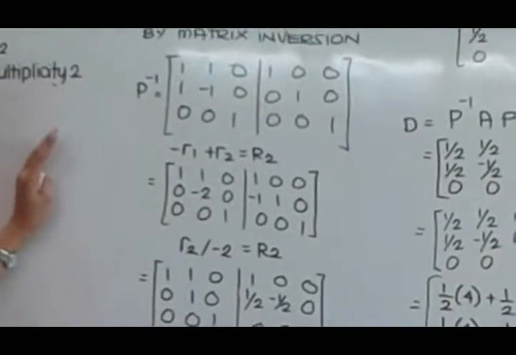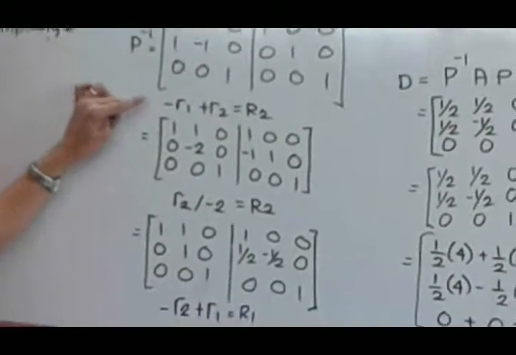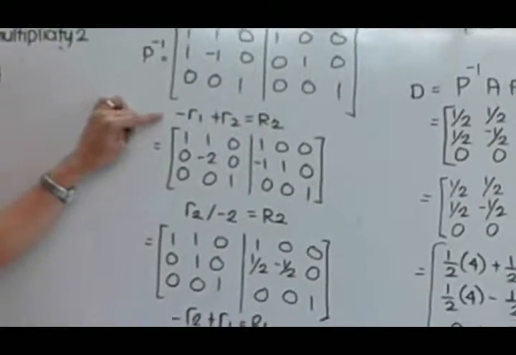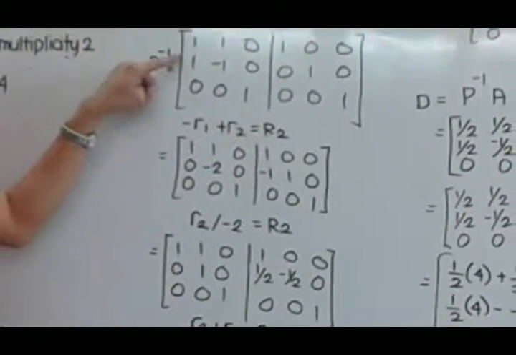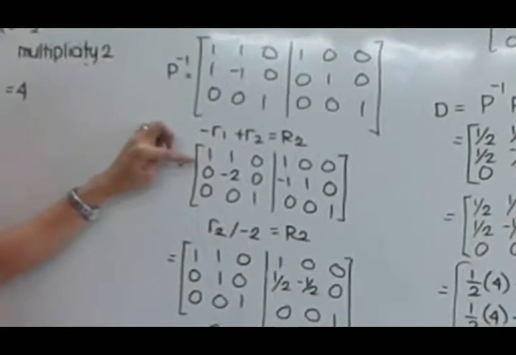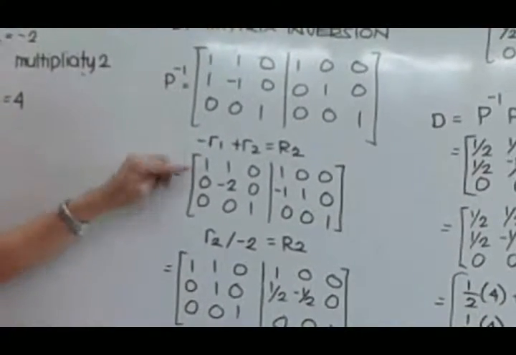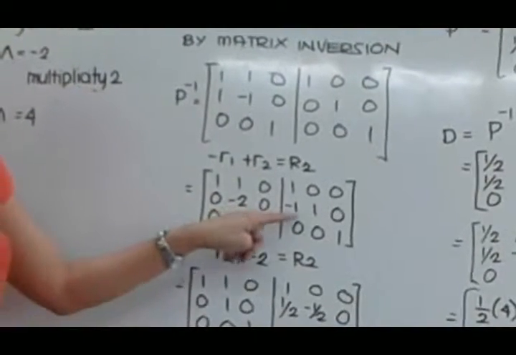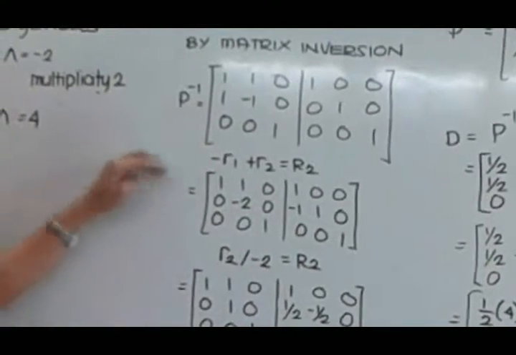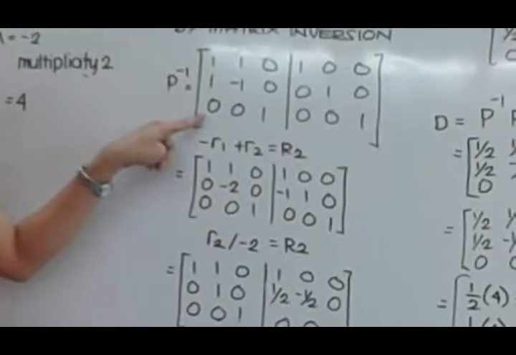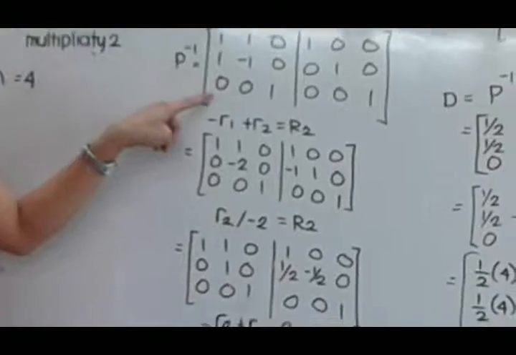Applying row operations, I need negative R1 plus R2 to get my new R2, to make this element 0. So the second row now has the entries 0, negative 2, 0, negative 1, 1, 0. And then retain the third row since we have our 0 element already.